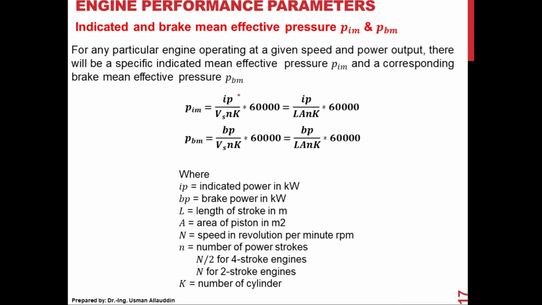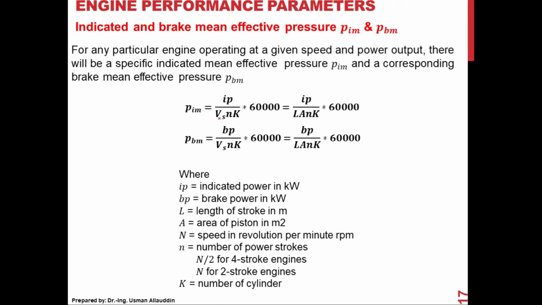So if you use the indicated power, then it will become the indicated mean effective pressure. If you use the brake power, then it will become the brake mean effective pressure. So indicated power divided by swept volume, and swept volume should be multiplied by the number of cylinders, because it might be possible you have more than one cylinder.